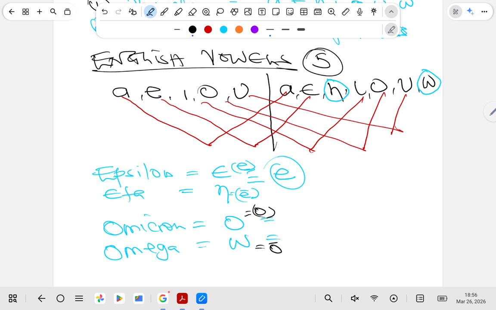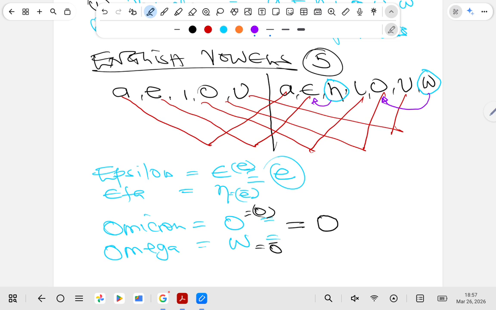Both omicron and omega are equivalent to the English O. So the difference here literally is that eta is already equivalent in sound to epsilon, and omicron is already equivalent to the sound of omega. Literally it's similar letters just used differently, and we're going to see when and how omega and omicron, and eta and epsilon, are used.